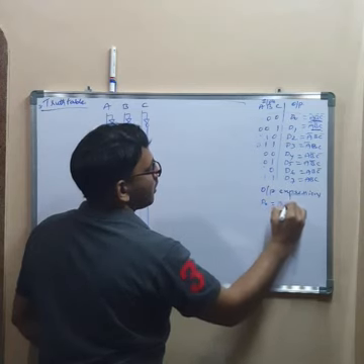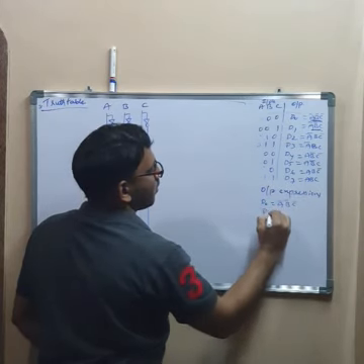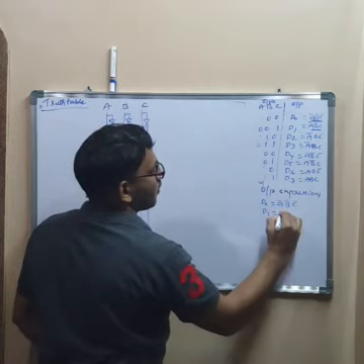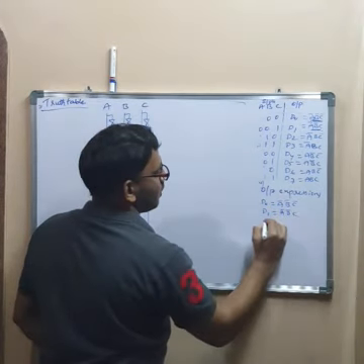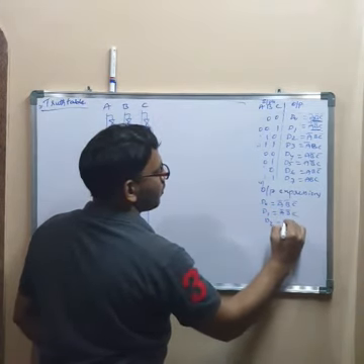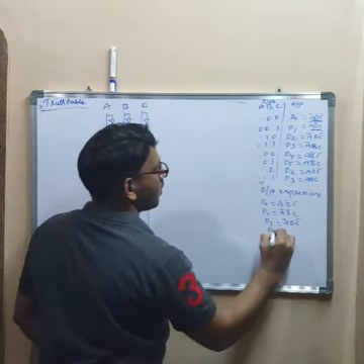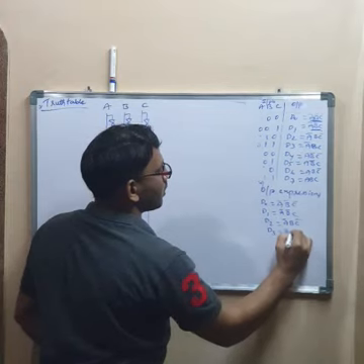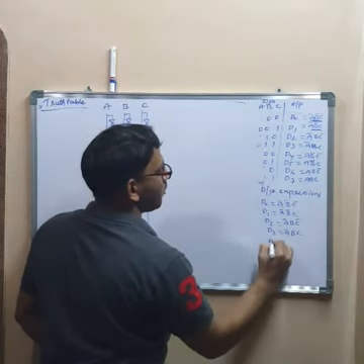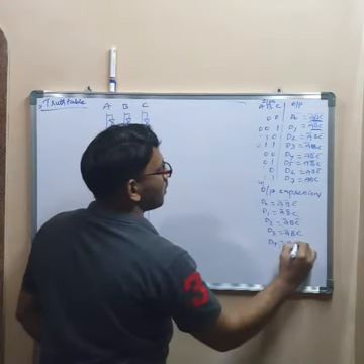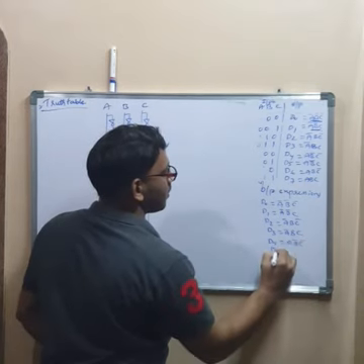D naught is equal to A bar B bar C bar. D1 is equal to A bar B bar C. D2 is equal to A bar B C bar. D3 is equal to A bar B C. D4 is equal to A B bar C bar.